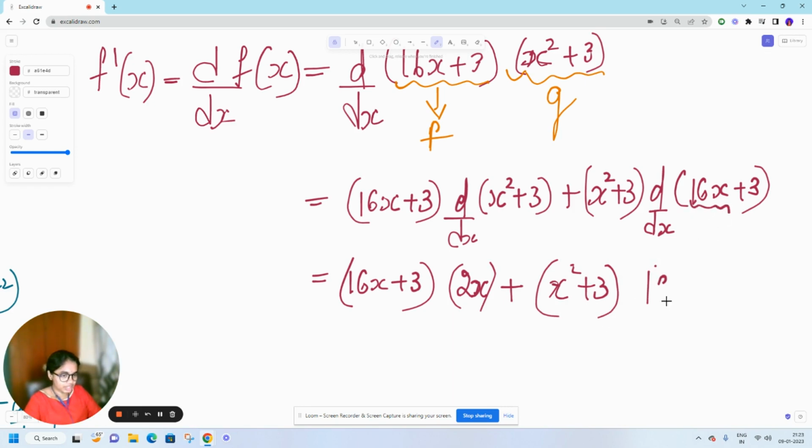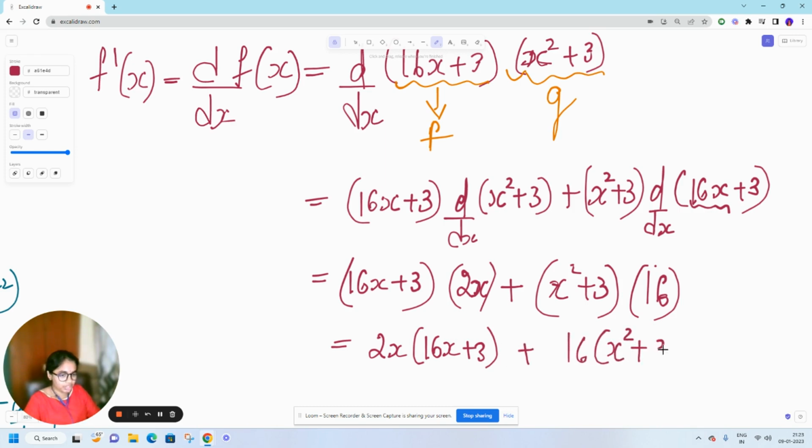It is 16 itself plus 0. So our final answer would be 2x into 16x plus 3 plus 16 into x square plus 3. This is our f dash of x.